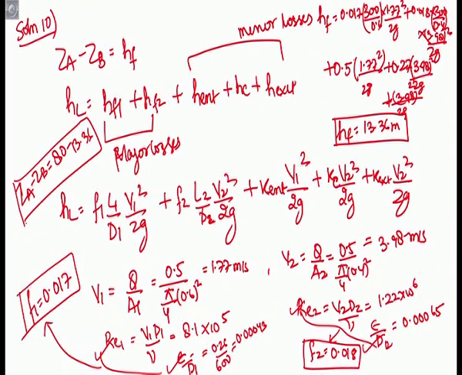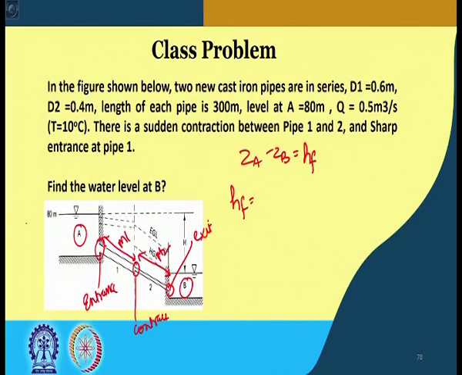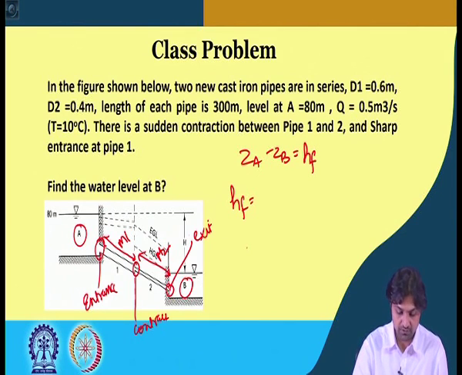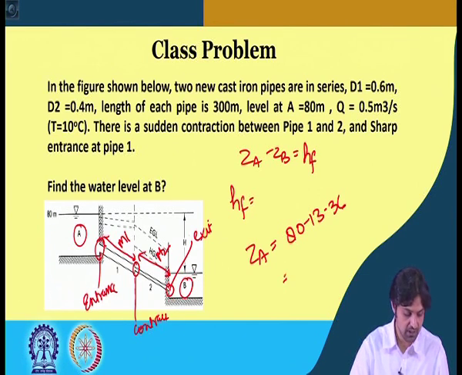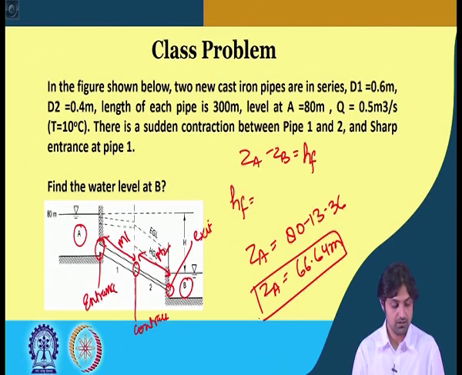All right, I think we should not make it so cluttered, but now you understand the process. We calculated the major losses, we calculated the minor losses, and we calculated the total, and here we get the level at B as 80 minus 13.36, which is 66.64 meter. Okay, this was the elevation.